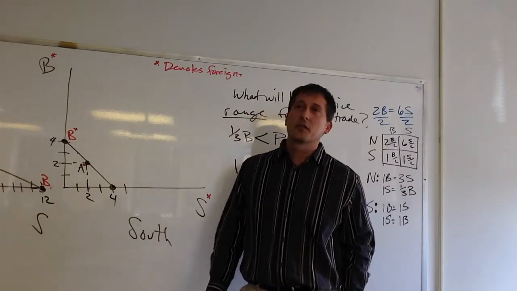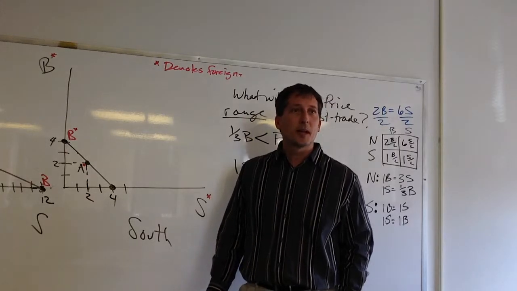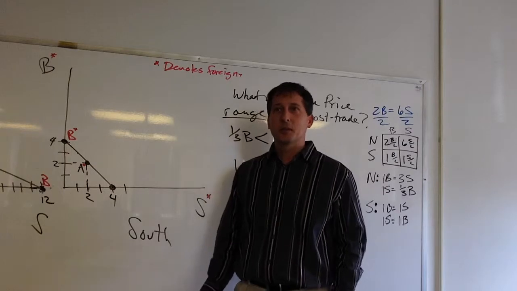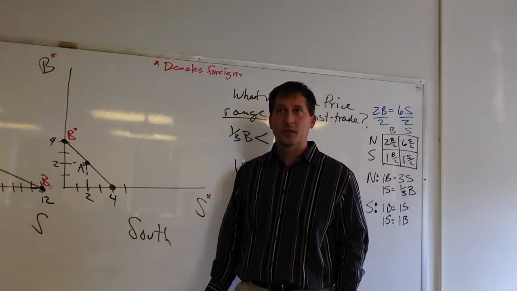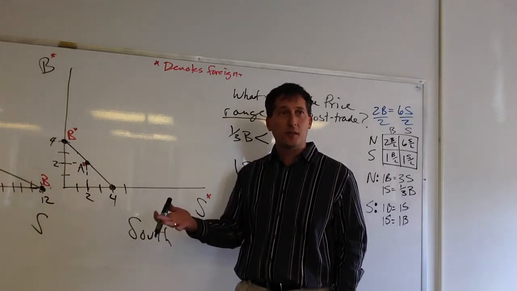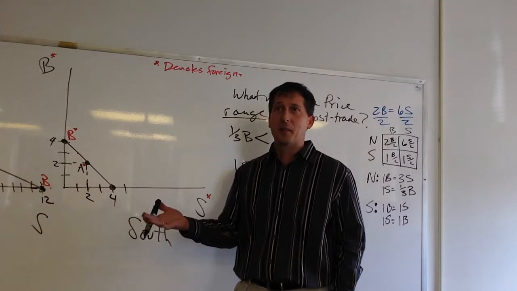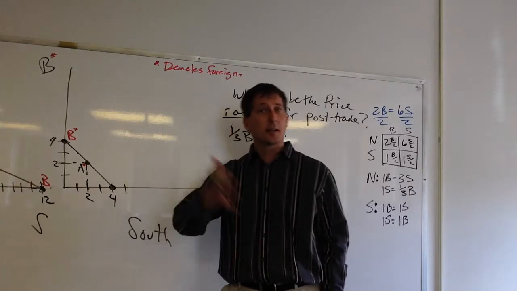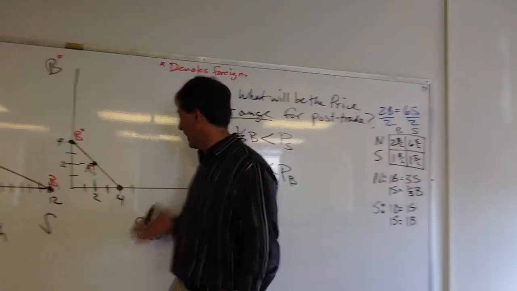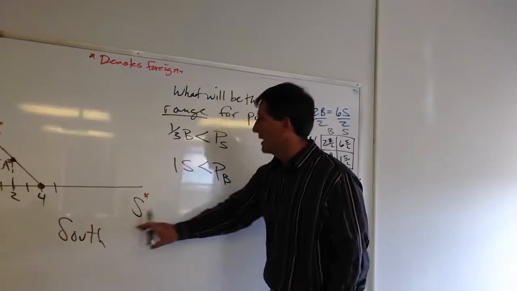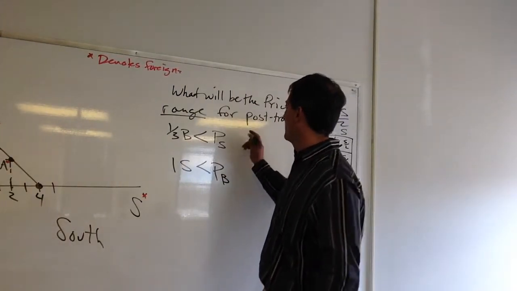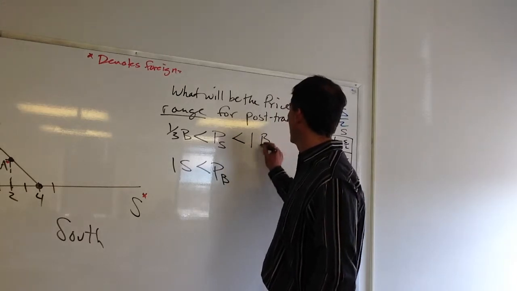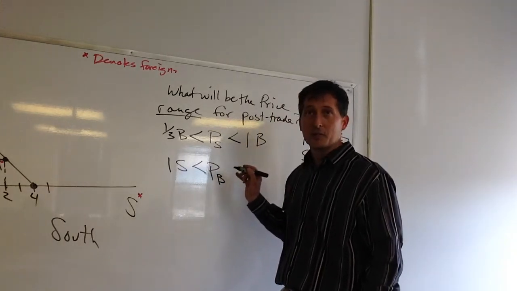If you're buying a shirt from some yokel in a different place, what is the most that you'd be willing to pay? 1, right? Because again, you can do it yourself. You're not going to pay 2 and help them out, but if you can pick it up for 75 cents, when you're used to paying $1, we might have a deal. So the price of a shirt for the South needs to be less than 1 bread. Otherwise, they'll do it themselves.